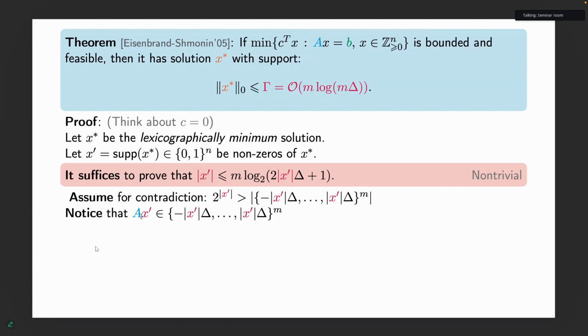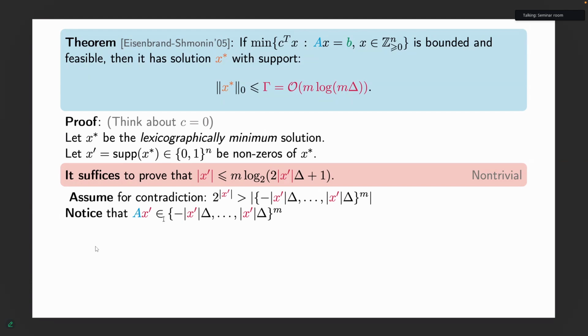And then observe that because the entries of A are bounded by delta, this constraint matrix multiplied by x prime is a vector somewhere here. The maximum entry is at most the number of entries of this x prime times delta, which is the maximum entry of the constraint matrix, and also minimum. So it's a vector somewhere here.